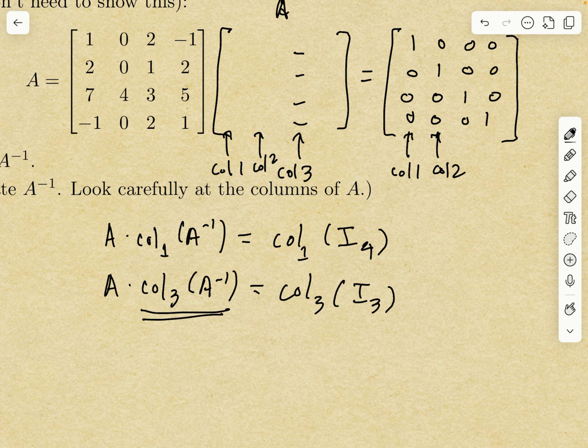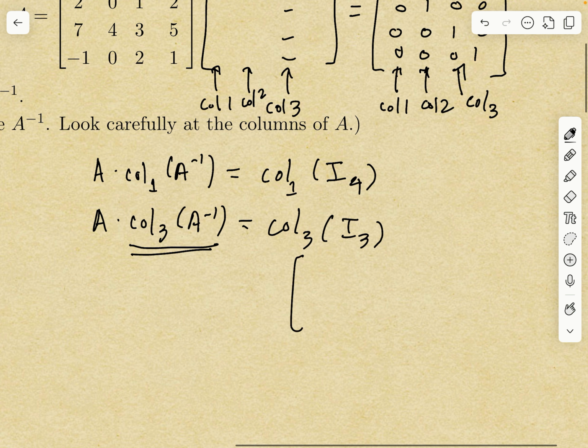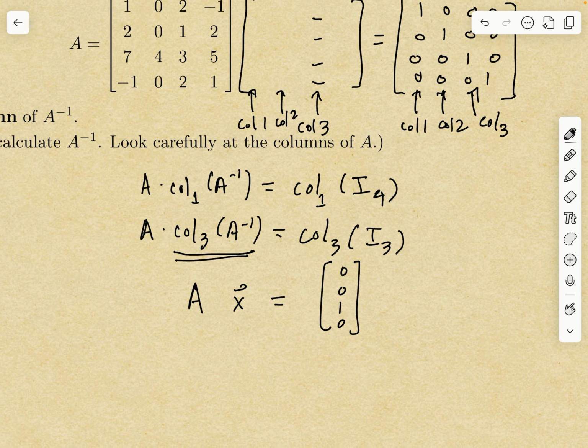So we know that A times that column vector has to equal the third column of the identity matrix, which is 0, 0, 1, 0. So the question is, A times what vector, let's call it x, equals 0, 0, 1, 0? And we're trying to find x.